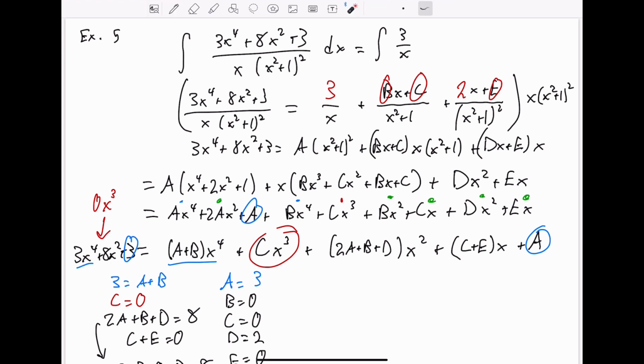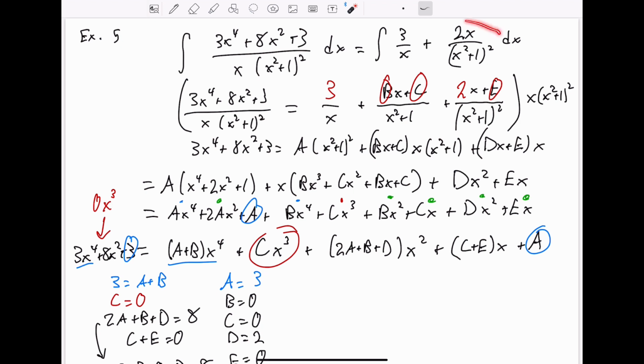The second fraction goes away because the numerator is 0. And then in the next, I have 2x divided by x squared plus 1 squared. All of this work to get the partial fraction decomposition of the original rational function.